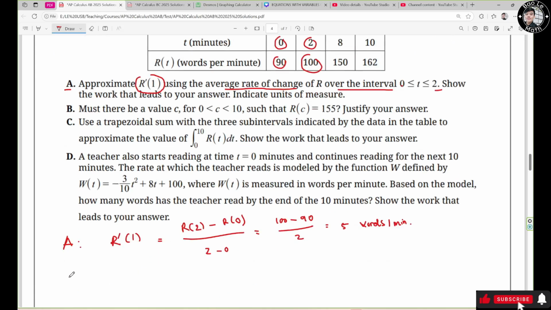Now, question B. Must there be a value of c, for c between 0 and 10, such that r of c equals 155? Justify your answer. Alright, so we're going to use the intermediate value theorem, which is IVT, right? Now, in order to use IVT, you need to make sure the function is continuous.